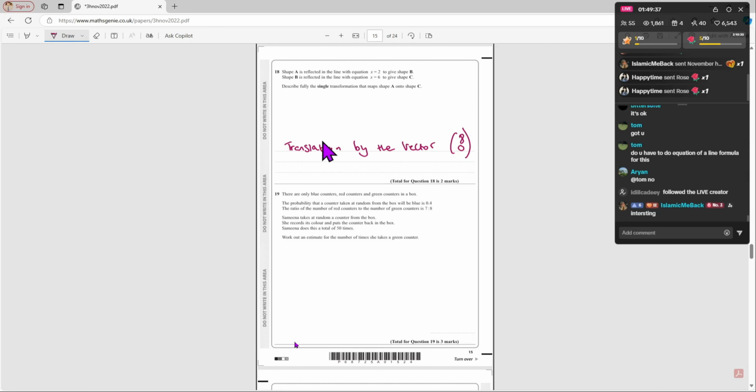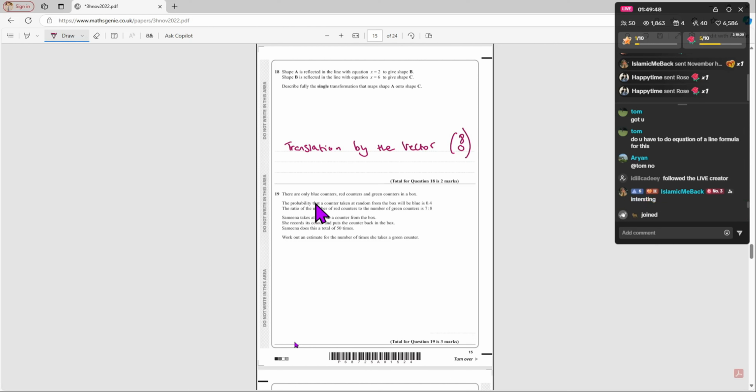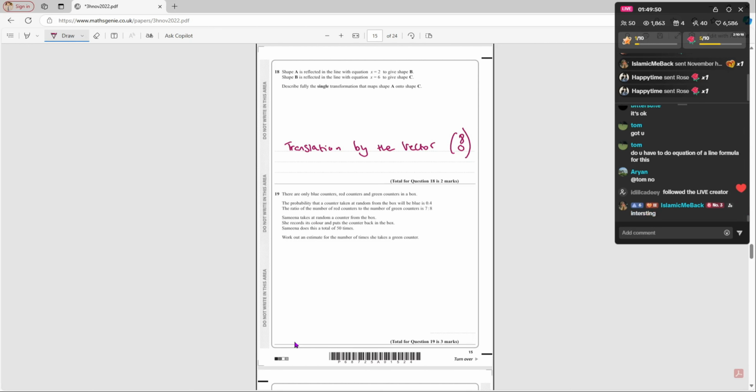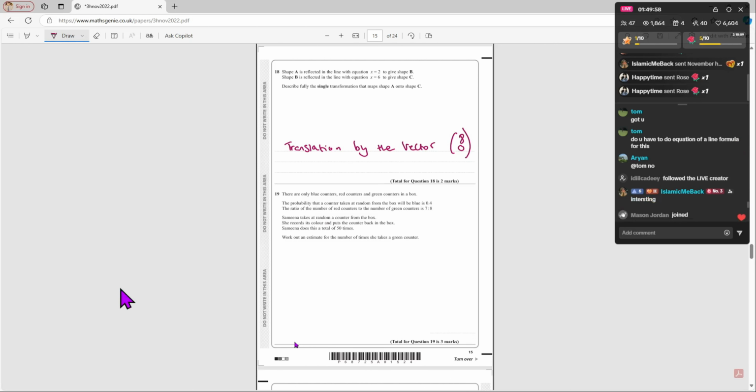So let's move on to our next question. Question number 19. It says there are only blue counters, red counters, and green counters in a box. The probability that a counter taken at random from the box will be blue is 0.4. The ratio of the number of red counters to the number of green counters is 7 to 8.